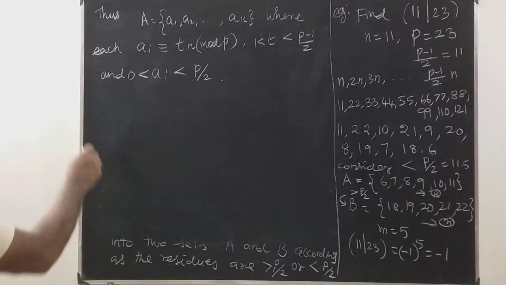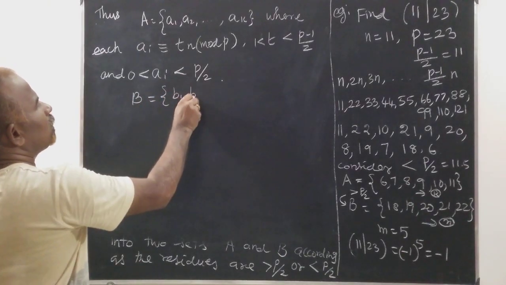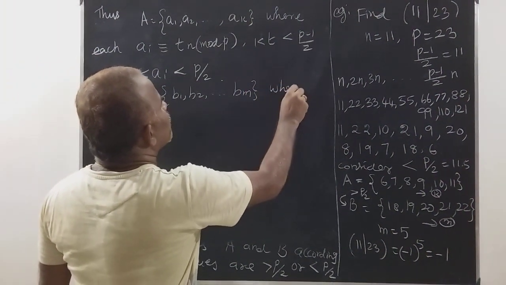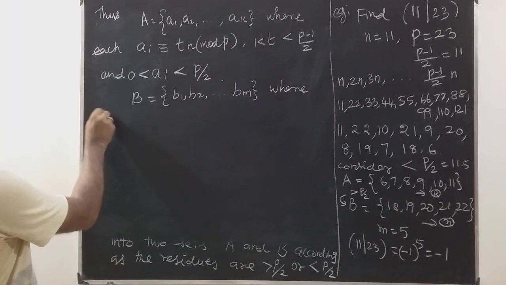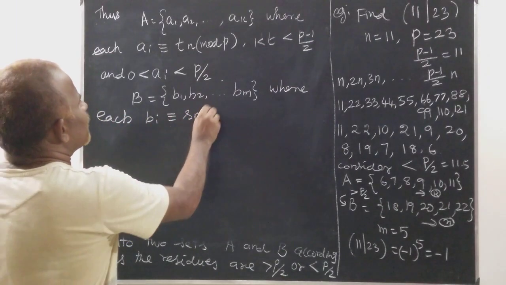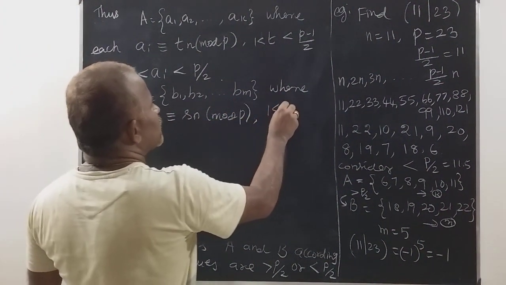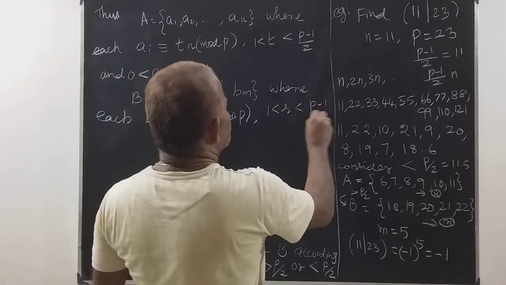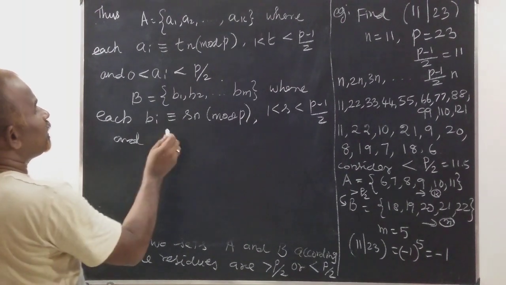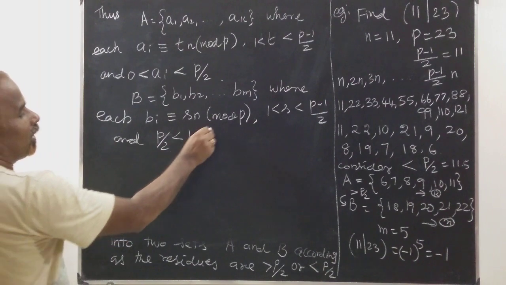Clear? Similarly, let us take B equal to B1, B2, up to Bm, where each Bi is congruent to some Sn mod p, and 1 is less than S, which is less than p minus 1 by 2, and each Bi is greater than p by 2 and less than p.